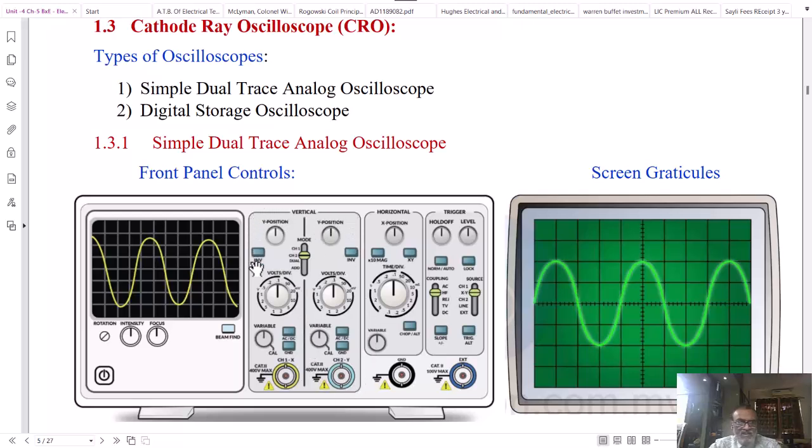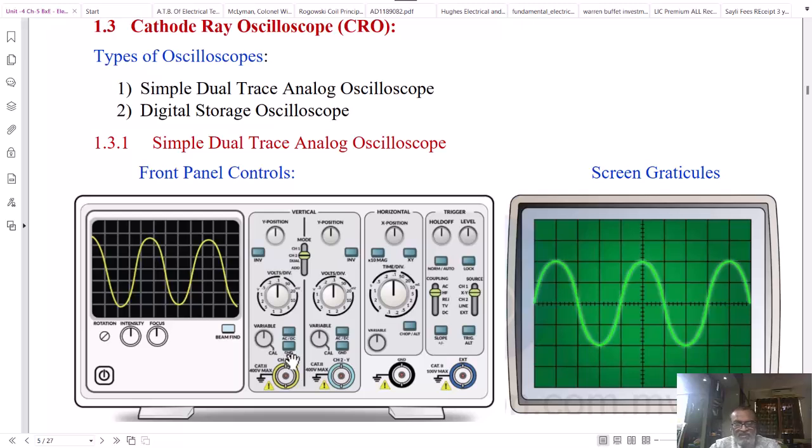Let us concentrate on a single channel. You will see here the external voltage connected to the channel 1 connector. It is passed through an internal signal connection switch called the AC, DC and ground switch.